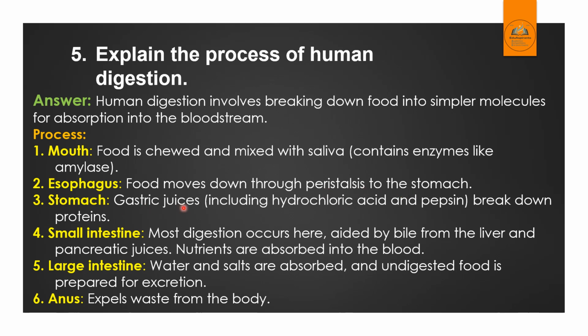Stomach: gastric juices including hydrochloric acid and pepsin break down the proteins in the food. Next is the small intestine, where most digestion occurs, aided by bile from the liver and pancreatic juices. Nutrients are absorbed into the blood. Then it moves to the large intestine, where water and salts are absorbed and undigested food is prepared for excretion. Anus expels waste from the body.